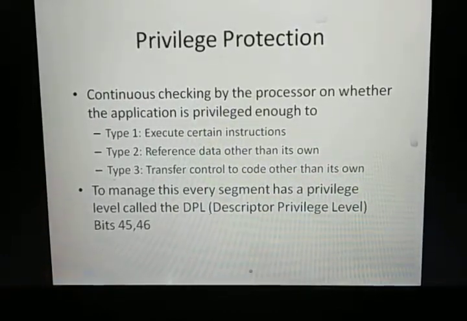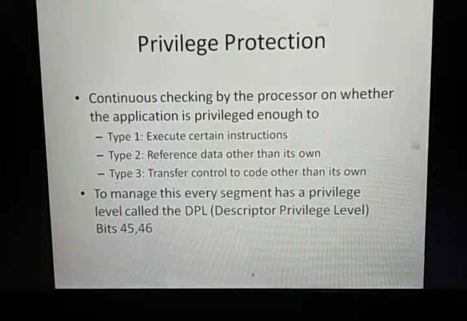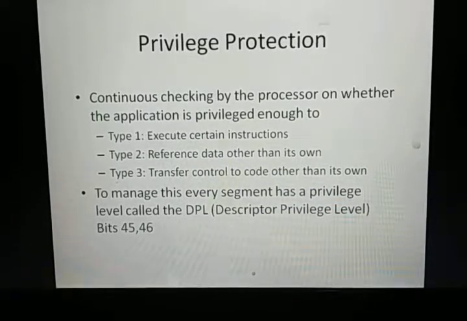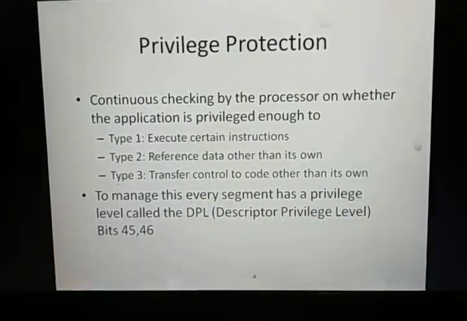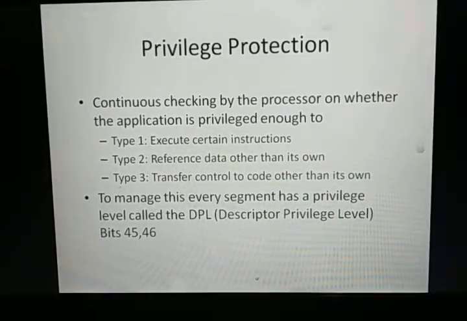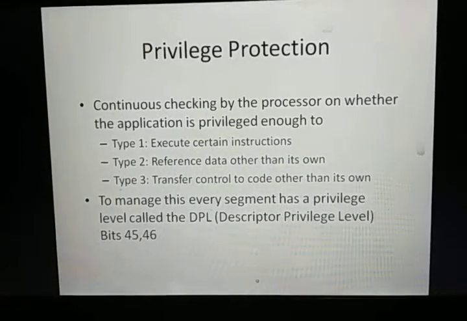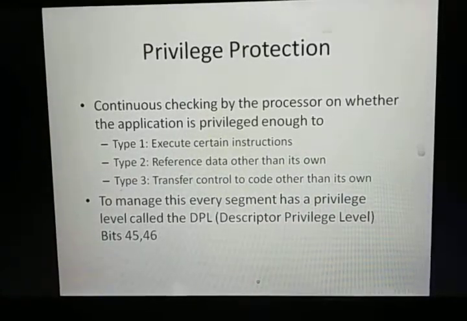These instructions are used for accessing control registers, debug registers, test registers, GDT, LDT, IDT, etc. These are also privileged instructions, meaning we cannot execute them without checking the privilege level. This belongs to type 1.